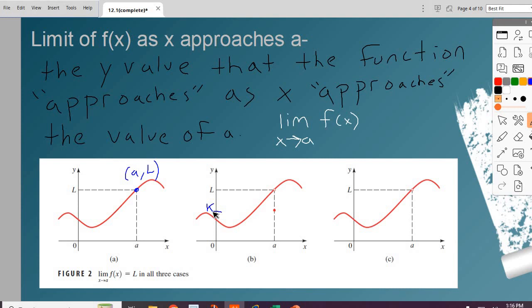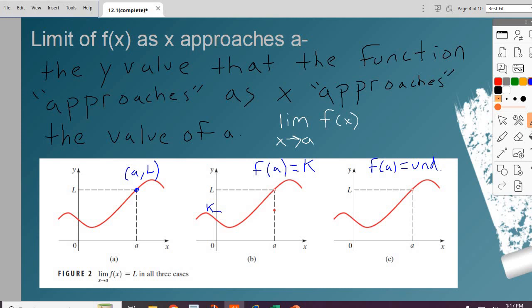Because my graph is still getting really, really close to L. But if we actually plugged in a, we would get out this K value instead. So remember that it doesn't actually matter what it equals at that value. It matters what it's getting really, really close to. And then lastly, f of a is actually undefined, which is okay. But our limit is still getting really, really close to that. Yes? Are we all okay with that?